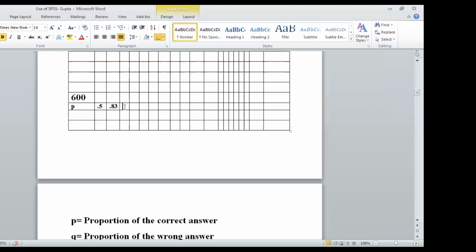Now, suppose 200 people have given the correct answer out of 600. So this will be equal to 0.33.